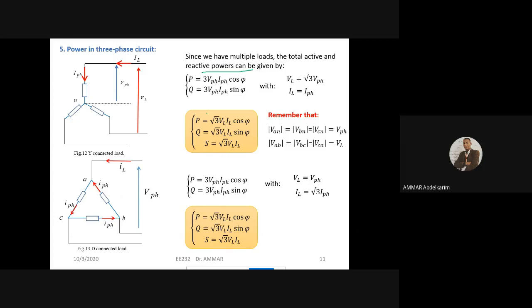When we use line voltage and current, it's square root of 3 V line I line cosine phi. Whatever we have, a Y connection or a delta connection, because in each system, in one of them the current is the same, in the other the voltage is the same. So it will lead us to the same expression. So when we use phase quantities, we have 3 V phase I phase. When we use line quantities, we have square root of 3 V line I line, whatever the system is, Y or delta.